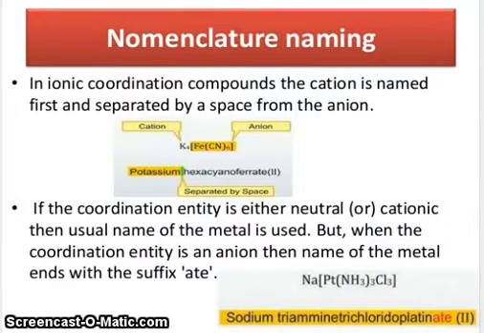So friends, nomenclature: in ionic coordination compounds, the cation is named first and separated by a space from the anion. You can see this picture. If the coordination entity is either neutral or cationic, then the usual name of the metal is used, but when the coordination entity is an anion, then the name of the metal ends with the suffix.